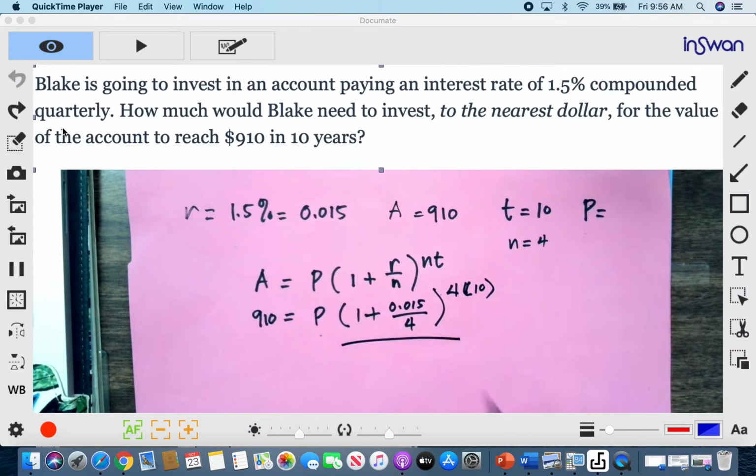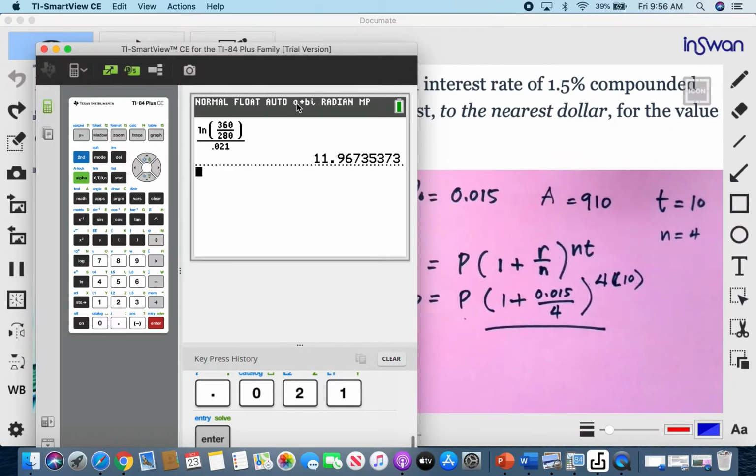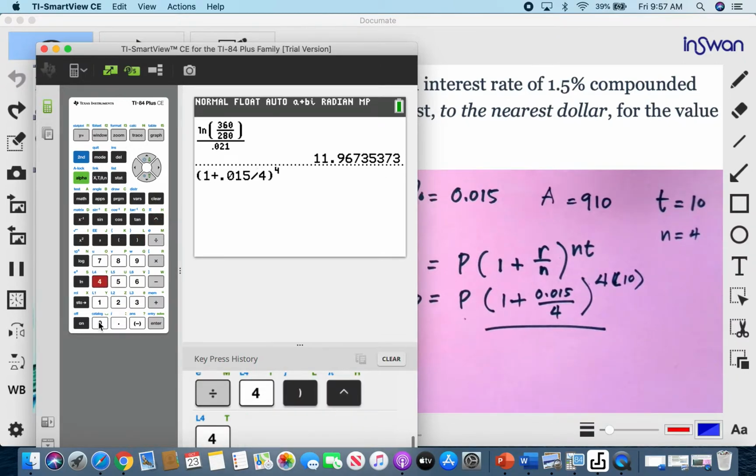Then of course we can simplify this value to make our life easy. Just get this value and maybe round it off to about 4 decimals to be more accurate. And so we have this value and simplify it. So that's 1 plus 0.015 divided by 4, you can use alpha y equals, it's the same, raised to 40, which is 4 times 10.